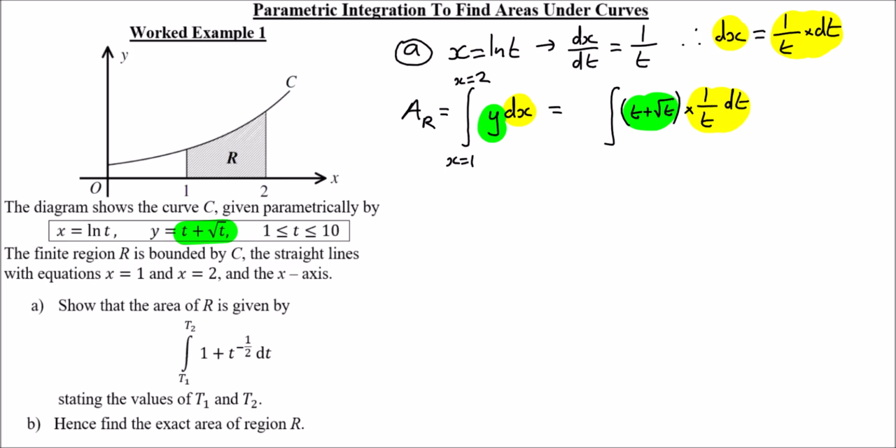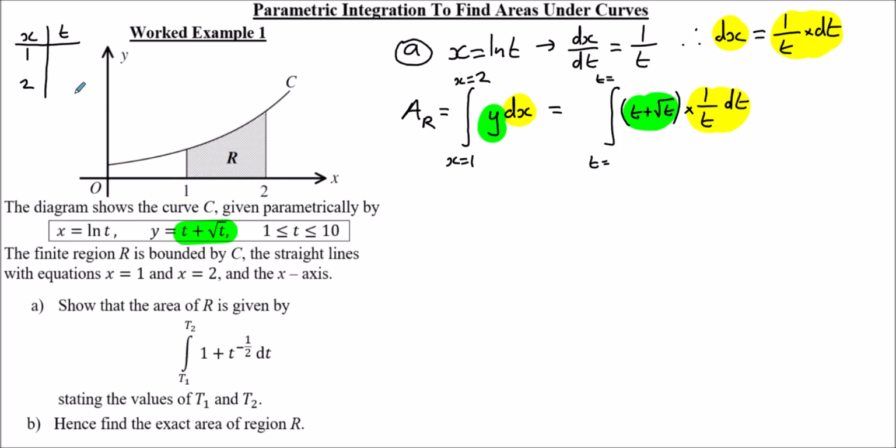So what are the limits going to be in terms of t? Let's just think about this in terms of what x is. So x goes from the limit of being 1 up to 2. So when x is 1, x must be the natural log of t.